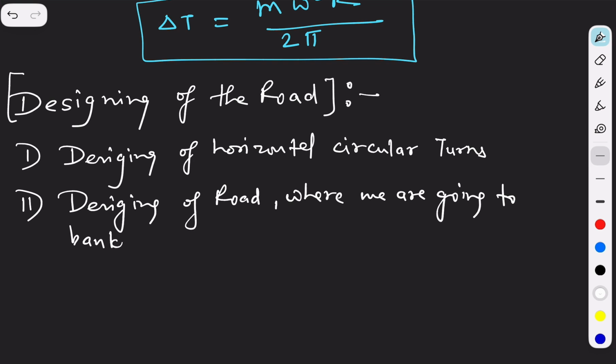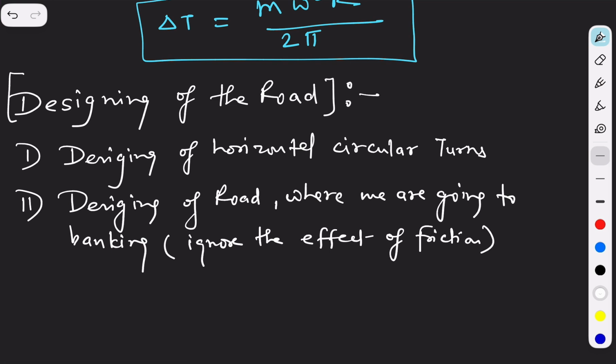And here we will ignore the effect of friction. Okay, ignore the effect of friction. This is our second part, or the second situation that we have to see.